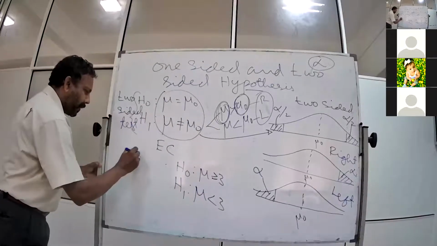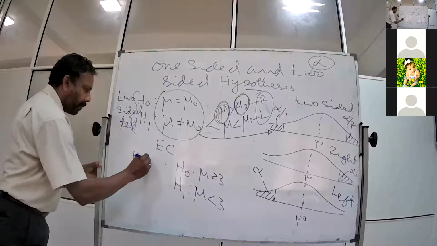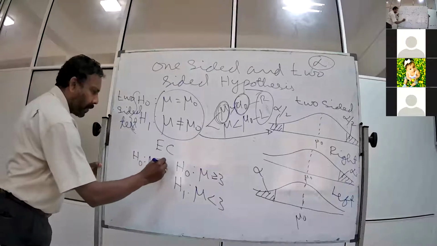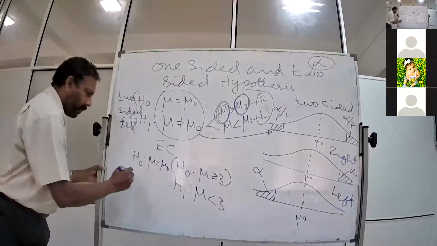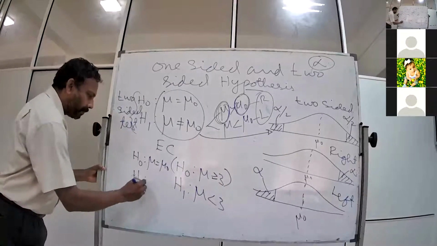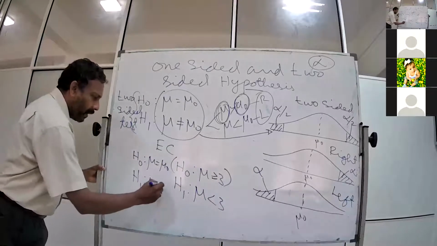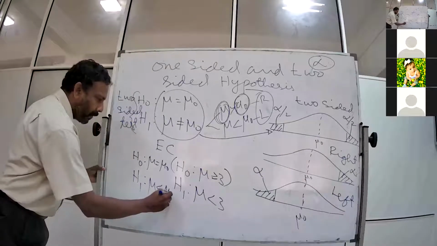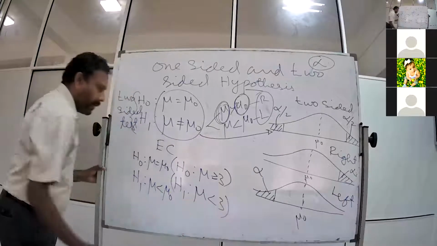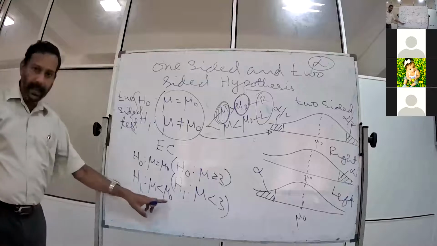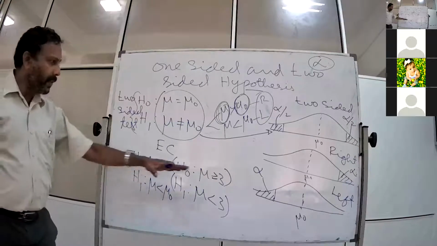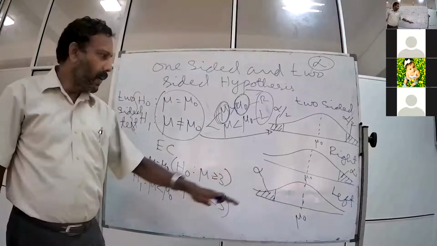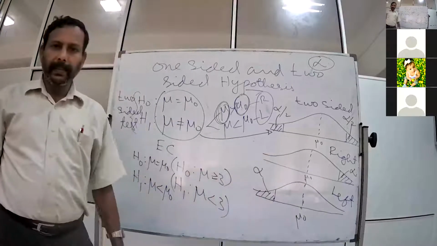If you look at it in this format, this is the null hypothesis, mu equal mu naught. What is the alternative? Mu less than mu naught. Now, which side will you choose, this side or that?